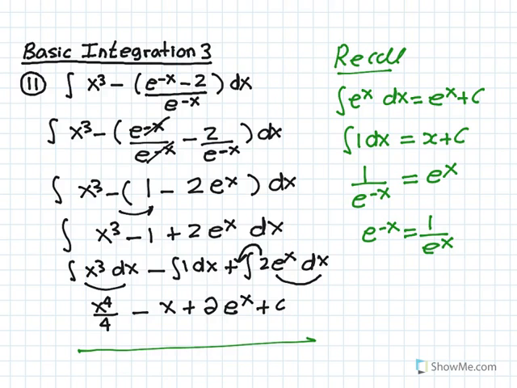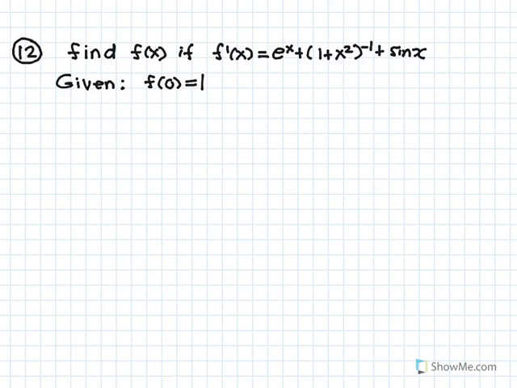All right, let's look at question number 12. Here we want to find f of x if we're given a derivative f prime of x. F prime of x is e to the x plus 1 over 1 plus x squared plus sine x. We're also given an initial value, f of 0 is equal to 1. So let's start by recognizing that f of x is equal to integral f prime of x dx.